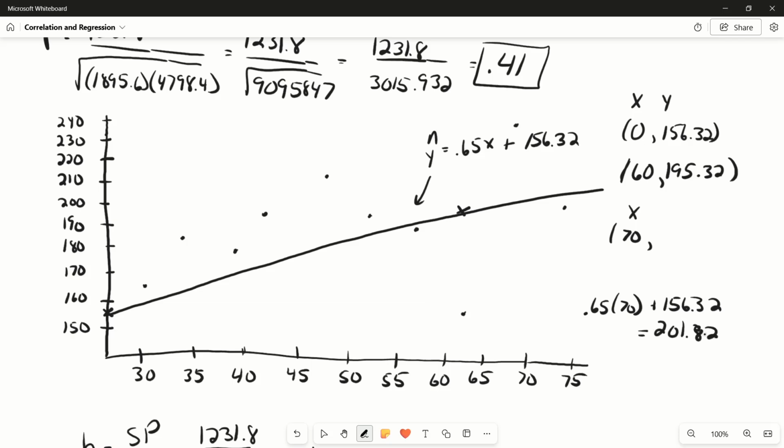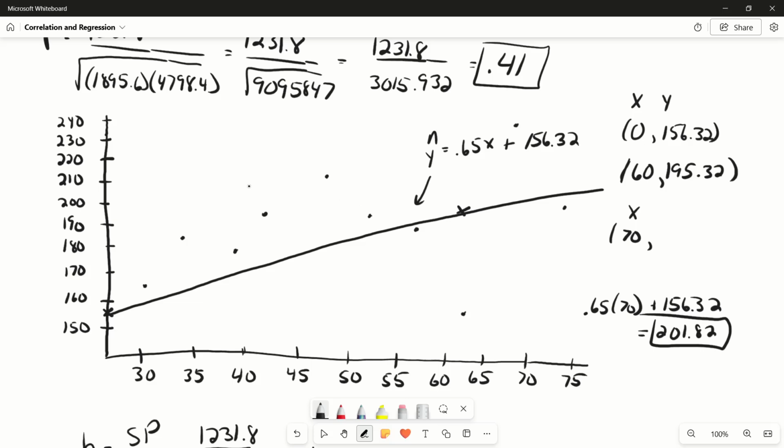So someone that's 70 years old is predicted to have cholesterol of 201.82. And that's the point on the line for 70. It's not going to be exactly, but it's going to be this point on the line here.